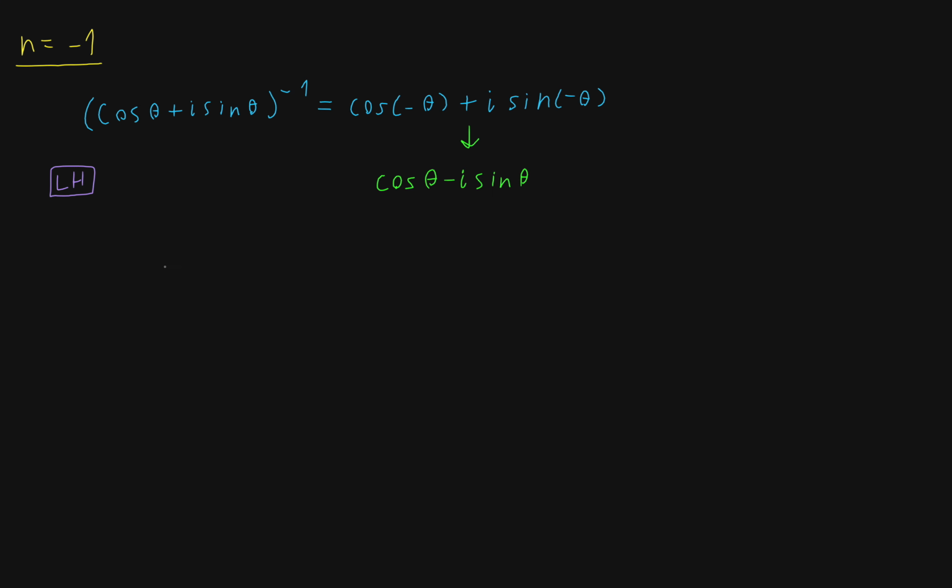So, looking at the left-hand side, we can rewrite this as 1 over, the reciprocal, cosine theta plus i sine theta. And then we're going to want to multiply by the conjugate here, cosine theta minus i sine theta over itself.